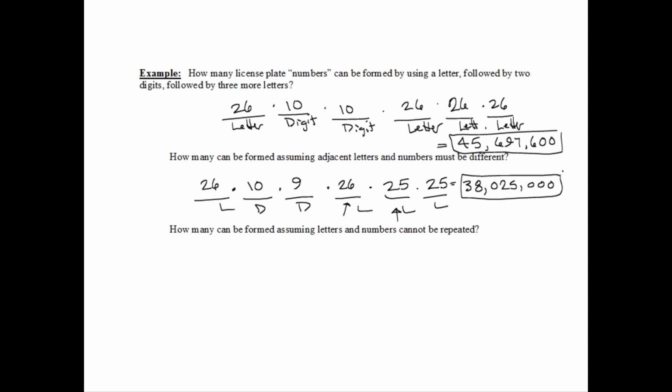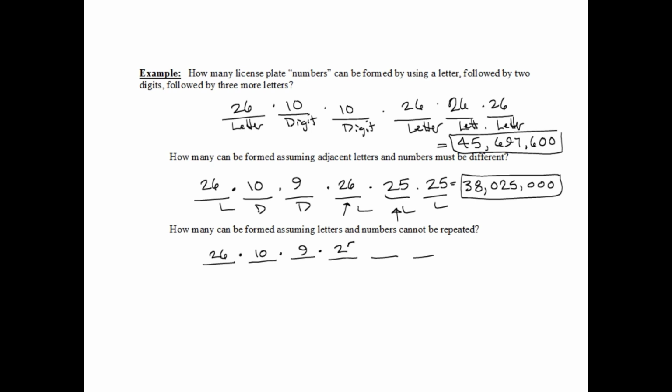Now let's suppose that letters and numbers cannot be repeated. So here our first slot, we have 26 possibilities because any letter can be used. 10 on the digits cannot be repeated. So the next one, there's again 9 possibilities. Now, when we move to our next slot, we cannot use the letter that was chosen previously.